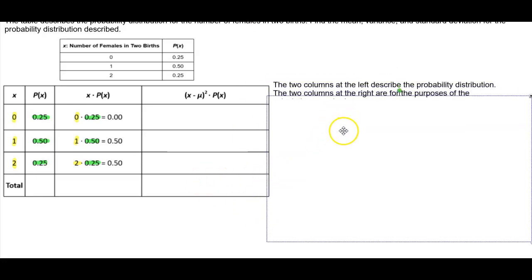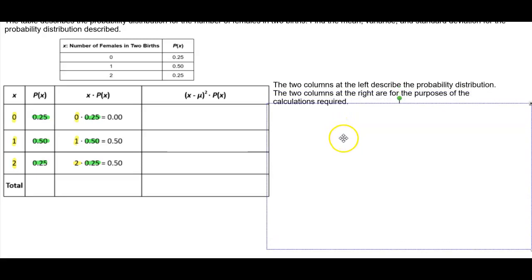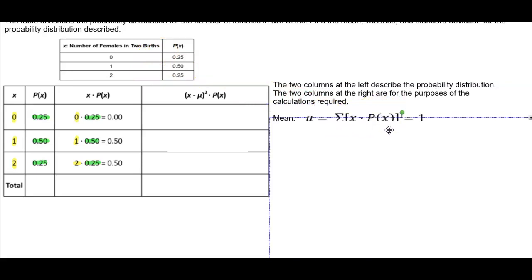Now, the 2 columns at the left describe the probability distribution, which is what we have here, right? And the 2 columns at the right are for the purposes of our calculations. To find the mean, we need to find the sum of this column, meaning we add this entire column.